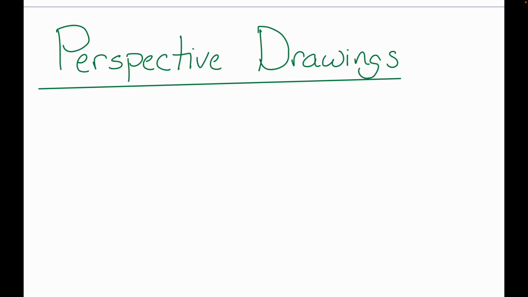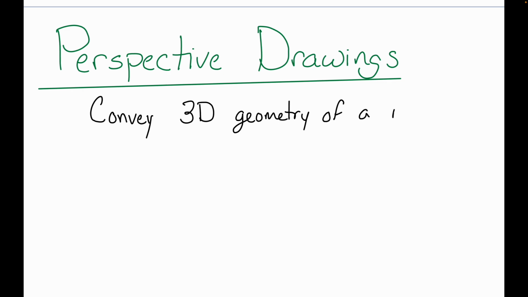All right. These are a way to convey the 3D geometry of a molecule in a 2D drawing. All right.